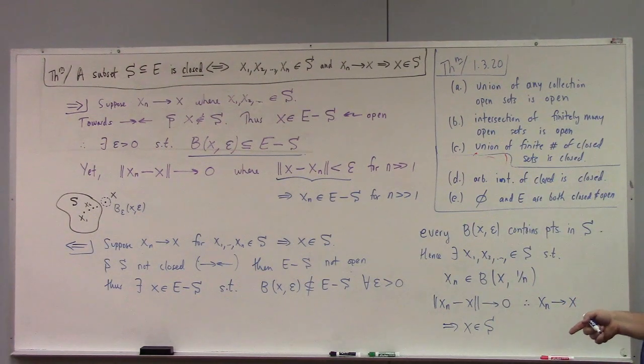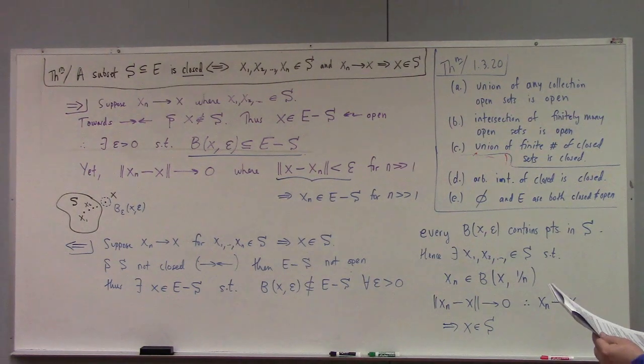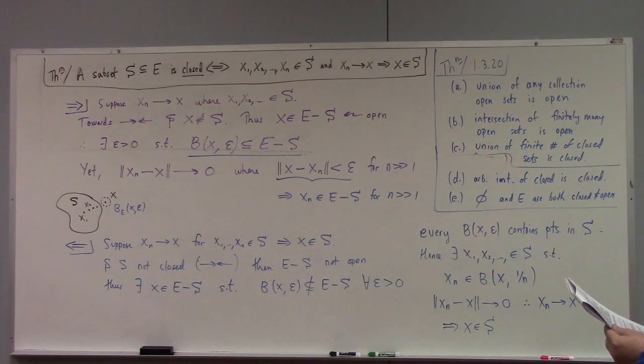Because, yeah, we said that there exists x in E minus S, so we have x in E minus S and x in S. We're having an element in a set.